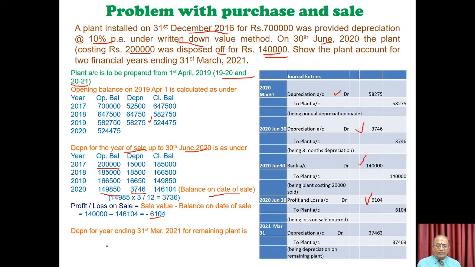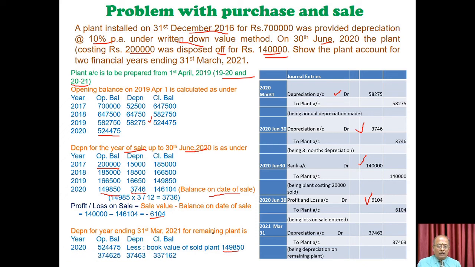Depreciation for the remaining part of the plant will be, so 2020, 5,20,... less the book value of the goods sold. So 5,245, this is the value for the whole asset. But for the asset disposed of, that is 1,49,000.